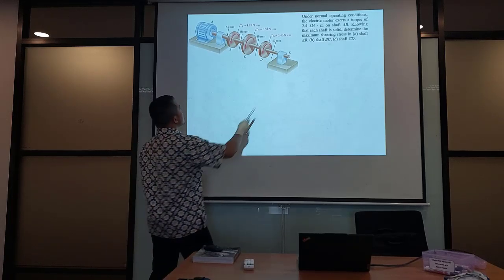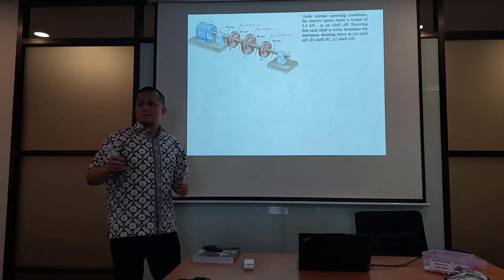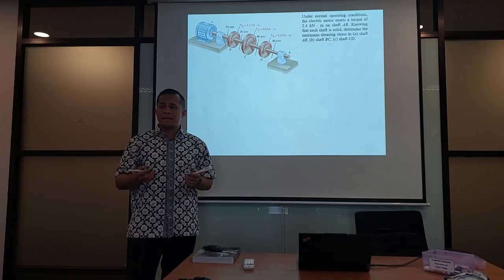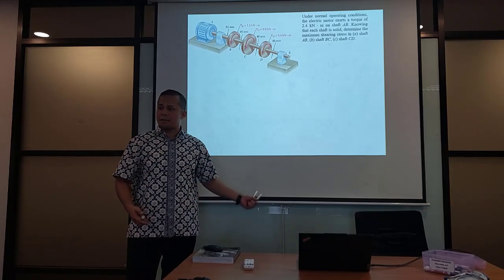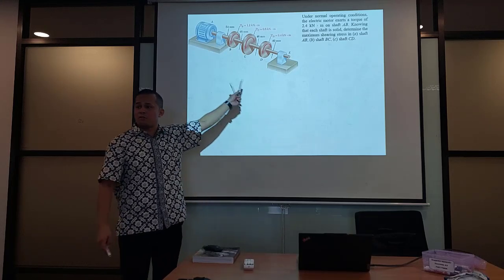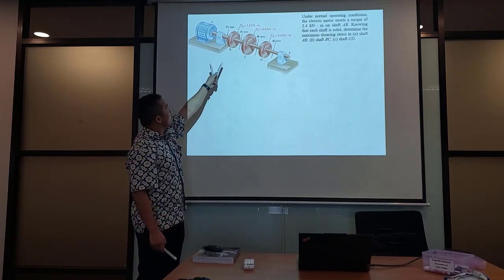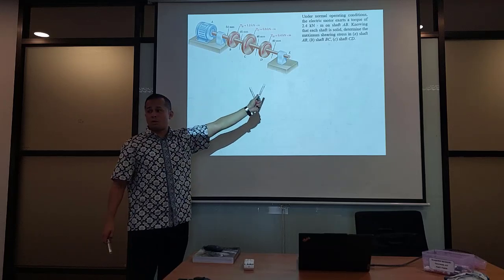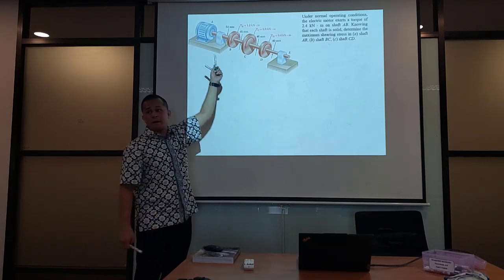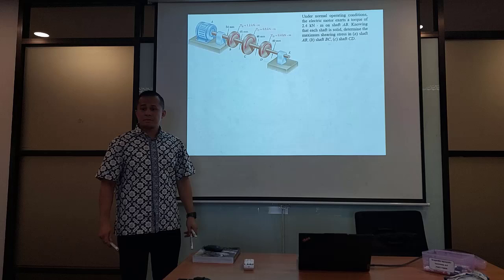So if you want to know the exerted torque from the electric motor, it will be the total of these torques: 1.2 plus 0.8 plus 0.4. That's the total torque generated by the motor.